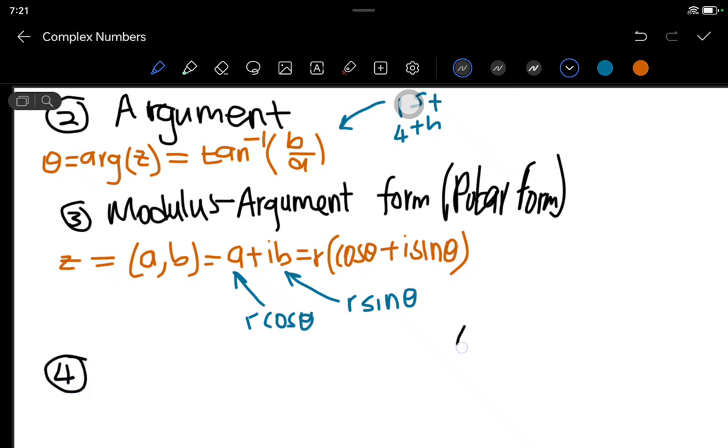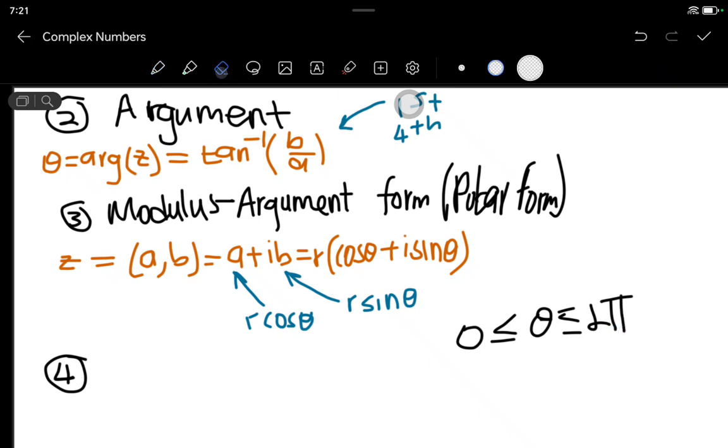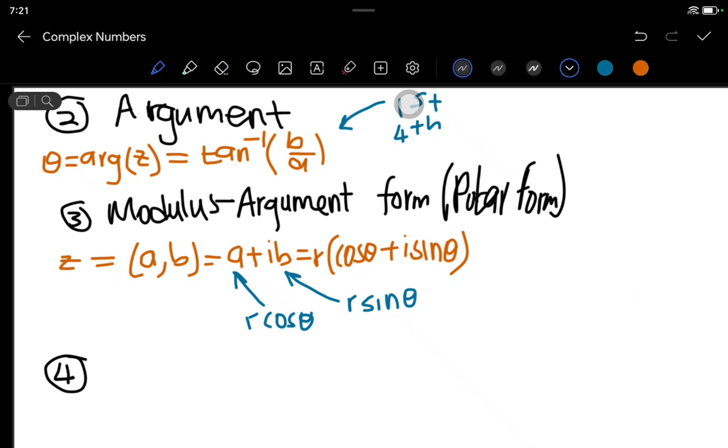Sometimes they want you to find the angle that is between 0 and 2 pi. This one does not include any negative values, so you should always confirm this, right? So in this case, our angle here is going to be between negative pi and pi. That's how this is going to be.